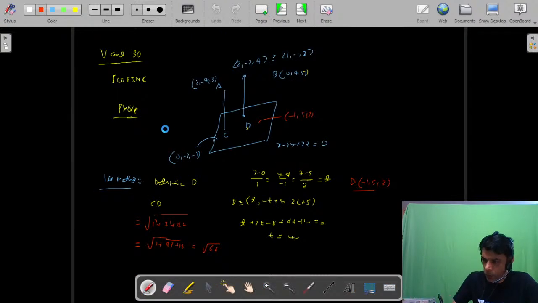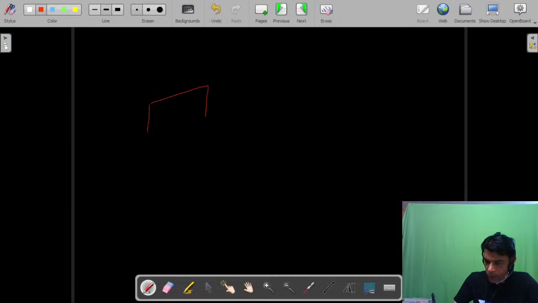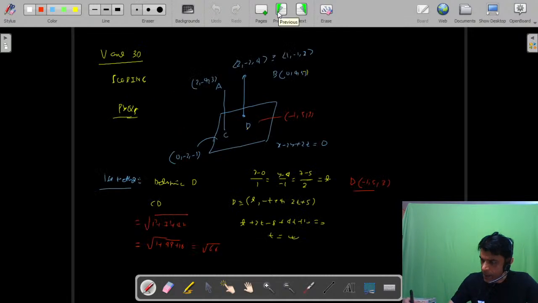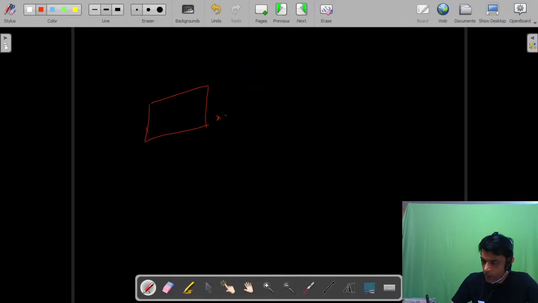So now the point is that you have got the plane. So this plane is x minus 2y plus 2z is 0. Just check this plane once, that this is the plane that you get, x minus 2y plus 2z.